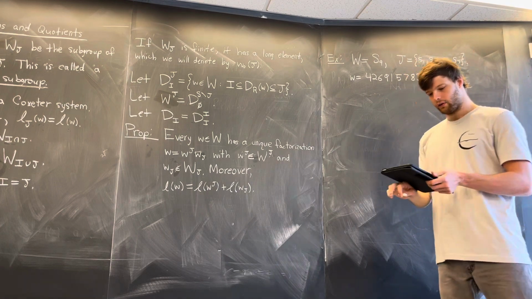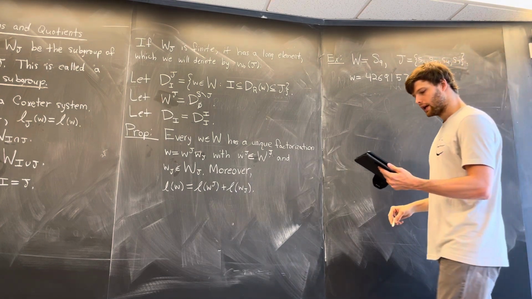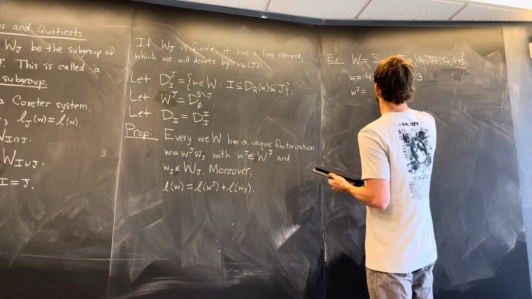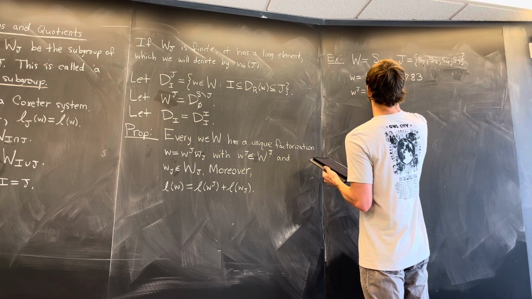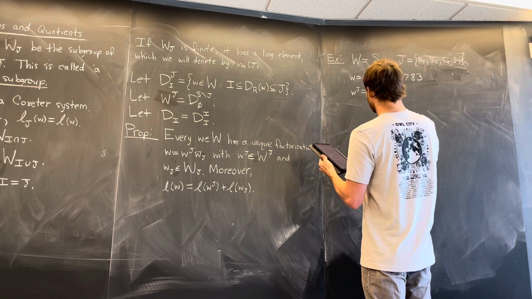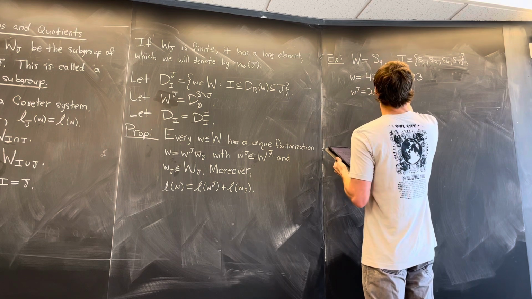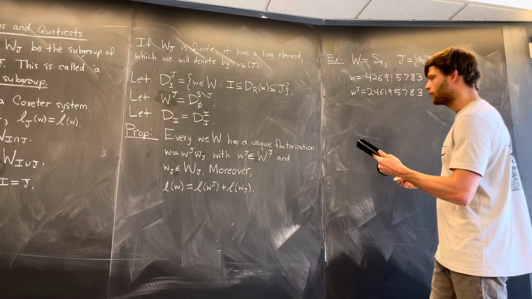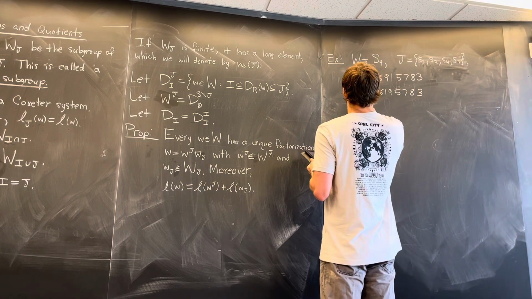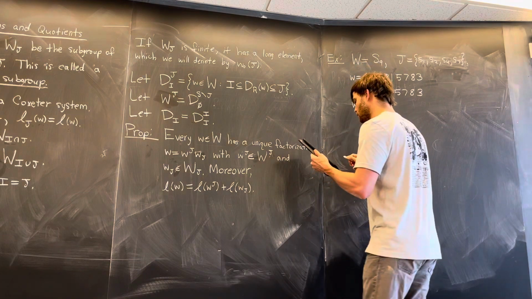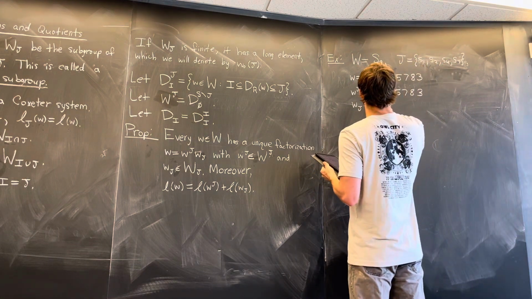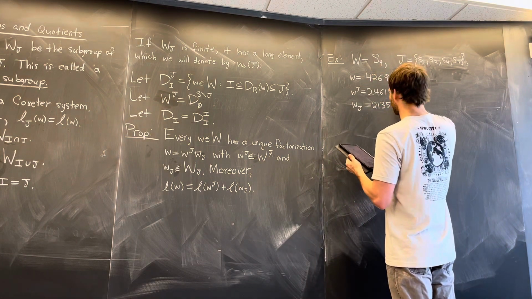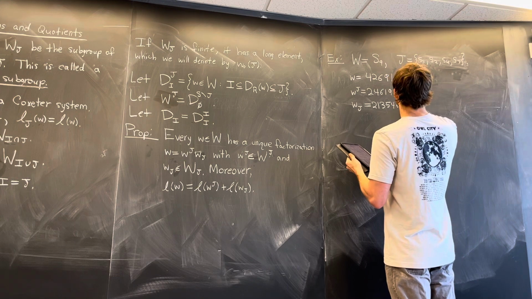In this case, what I have written down is that w superscript J is 2, 4, 6, 1, 9, 5, 7, 8, 3. I'll try to make sense of this in a second, but first let me just write it. And w sub J is 2, 1, 3, 5, 4, 6, 7, 8, 9.